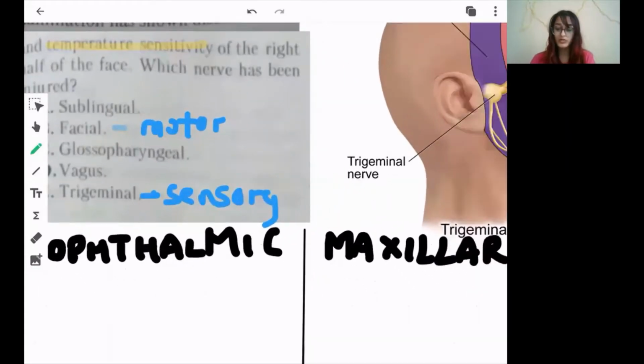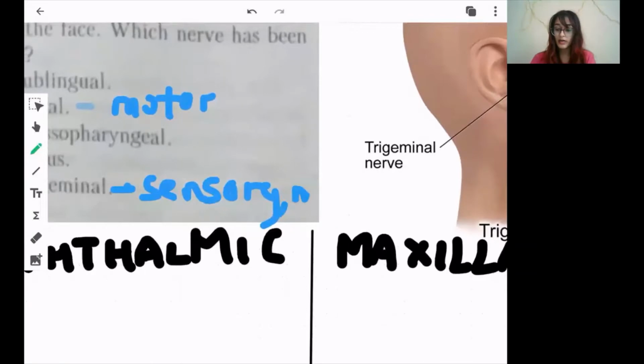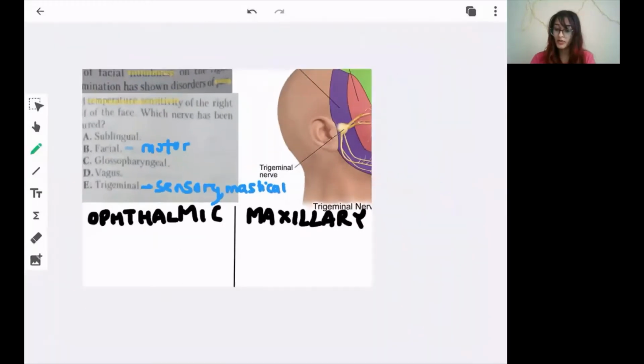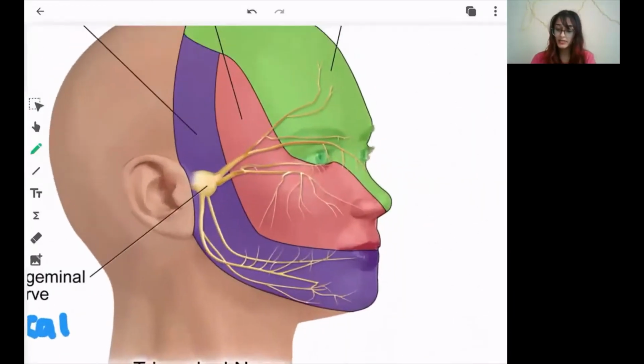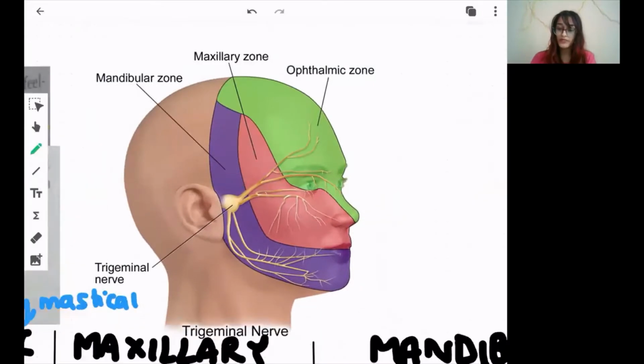The muscles of mastication are also innervated by the trigeminal nerve. You can see this is the trigeminal ganglion, and it has three main branches: the ophthalmic, maxillary, and mandibular branch, and it supplies different parts of the face.